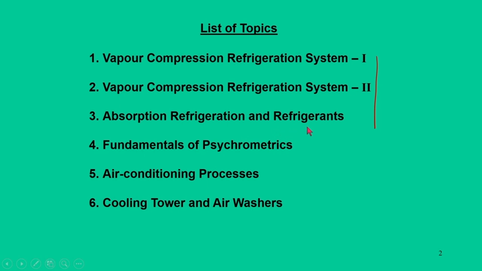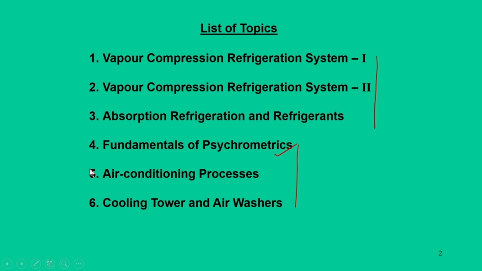Side by side we discussed refrigerants, and then we started with air conditioning systems. In the first lecture we covered the fundamentals of psychrometrics, which is a very important concept in air conditioning systems, where we deal with moist air and its properties.